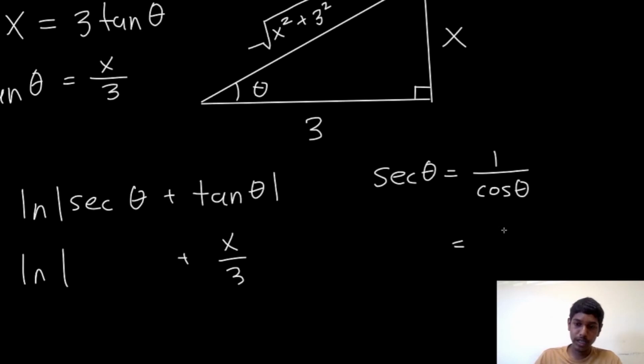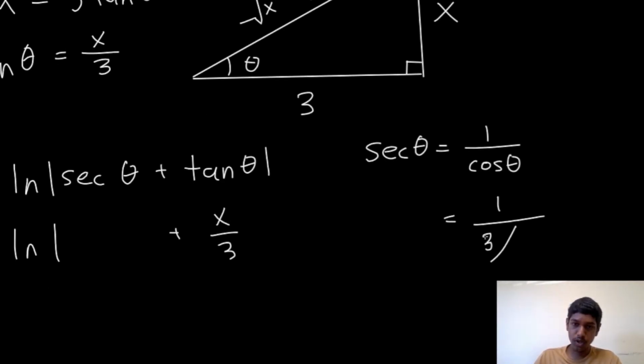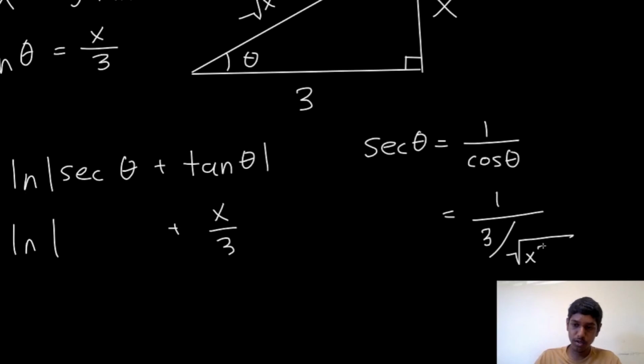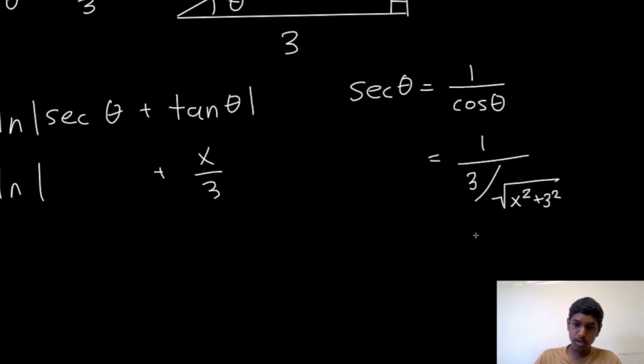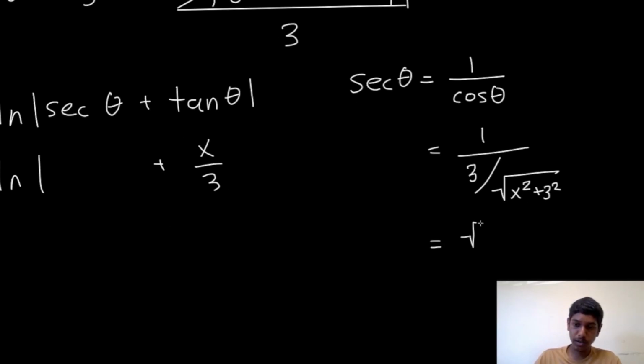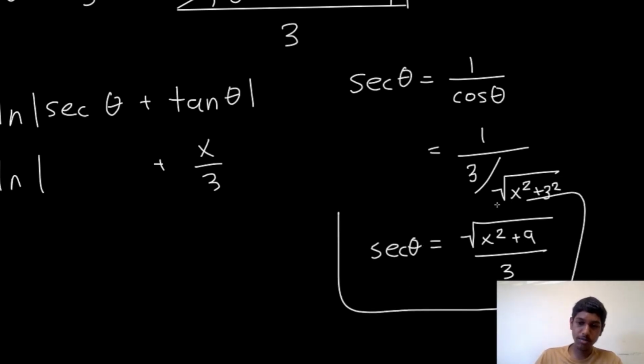And then we know that the cosine theta, just reading off of this triangle, cosine is going to be adjacent over hypotenuse. So then we'll simplify, and I'll write the 3 squared as 9. So now this becomes our secant theta. So it's secant theta in terms of x.